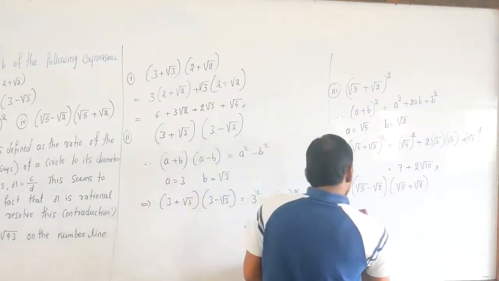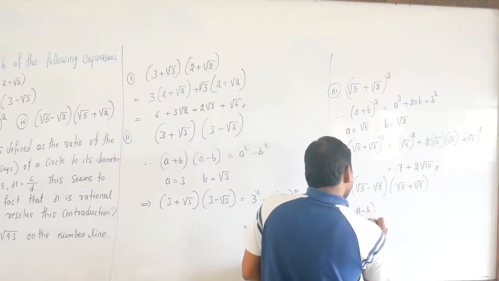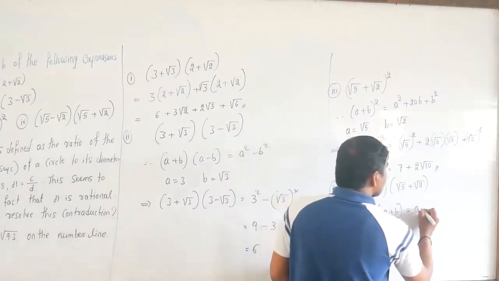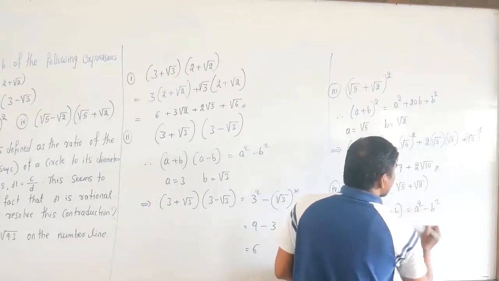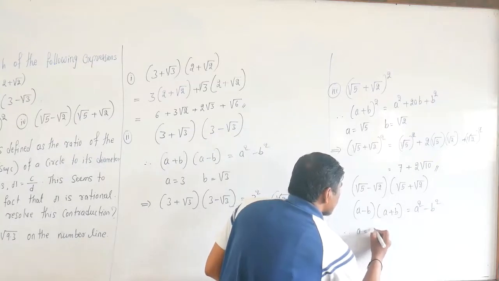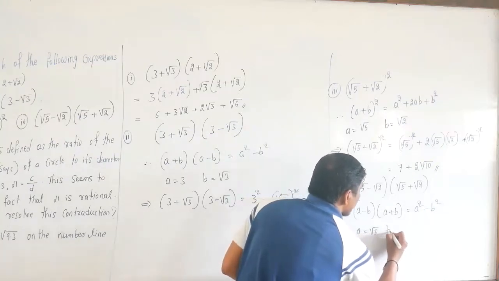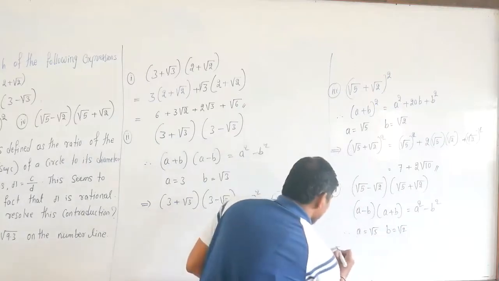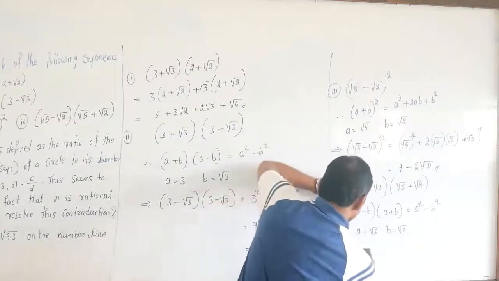Here you take a minus b, a plus b is equal to a square minus b square. Therefore, according to the given problem, a is equal to root 5, b is equal to root 2. Now you have to apply the standard identity.